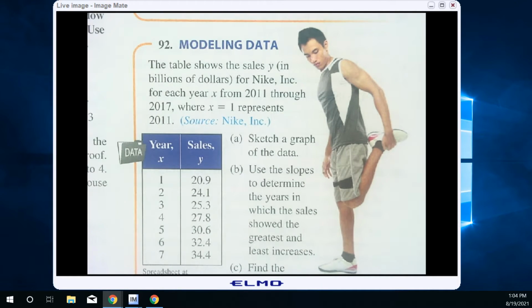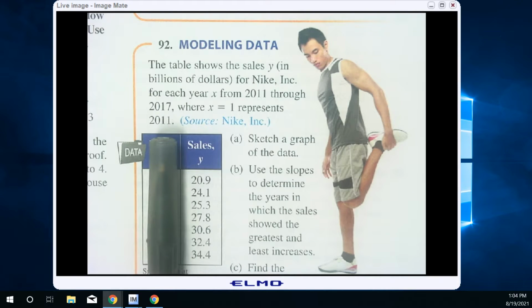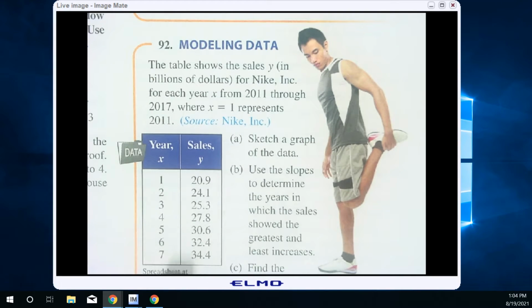This is my year X and my sales Y. Now X represents 1 in 2011. How do I put this data in my calculator? Y equals can only be used when you already have an equation. I don't have an equation.